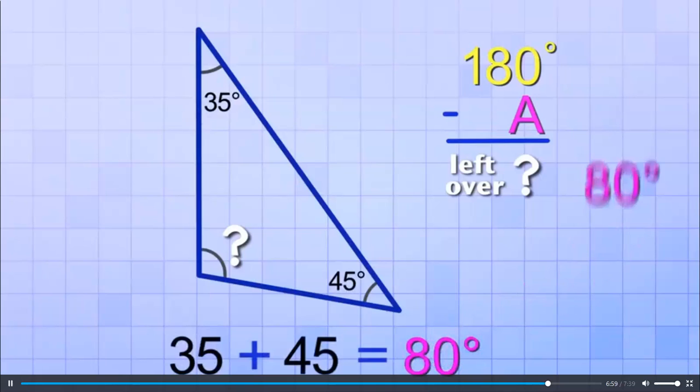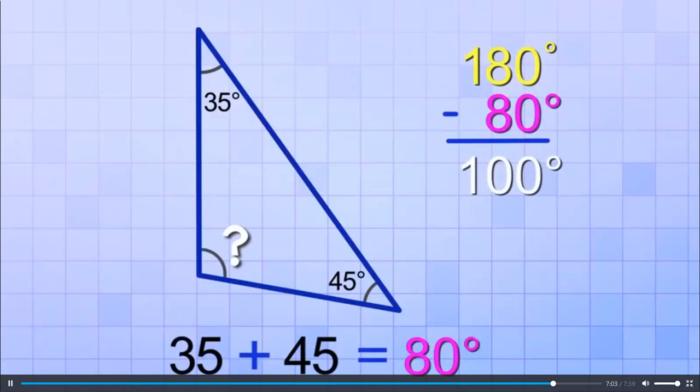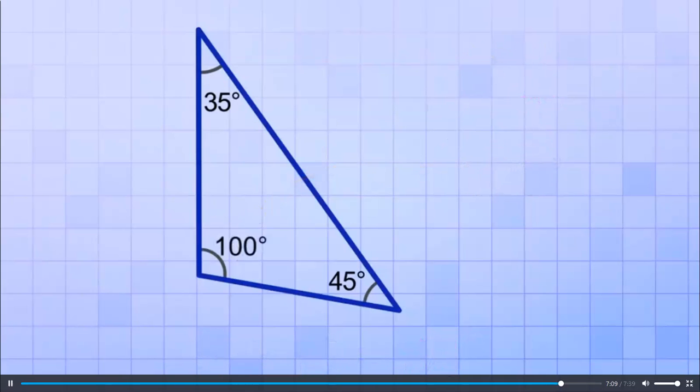And when we take that 80 and subtract it from 180, we get 100 degrees left over. That means that our unknown angle is 100 degrees. And you can always check your answer by adding up all the angles to make sure you get 180. So you can see why it's so important to know that a triangle's angles add up to 180 degrees.